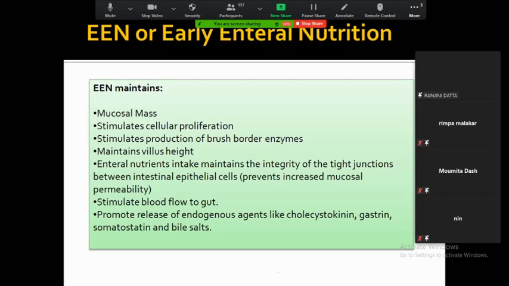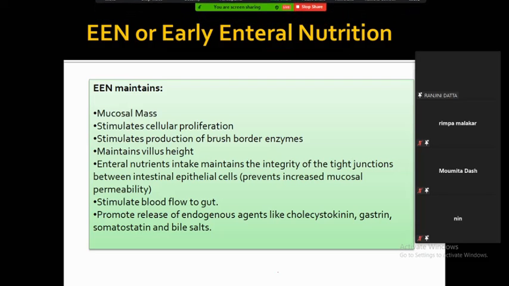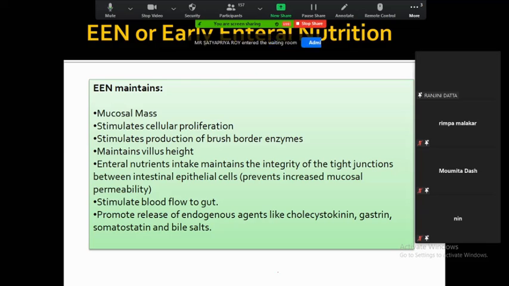Then enteral nutrition helps in maintaining the integrity of the tight junctions between the intestinal epithelial cells, the epithelial lining of the intestine. It helps in maintaining the tightness so that there is no seepage of the antigen into the bloodstream, which means it prevents increased mucosal permeability.